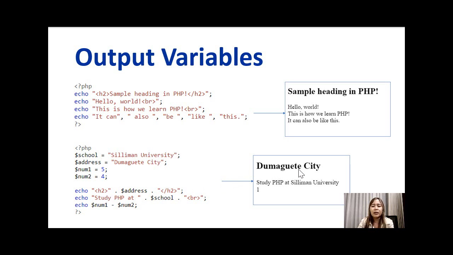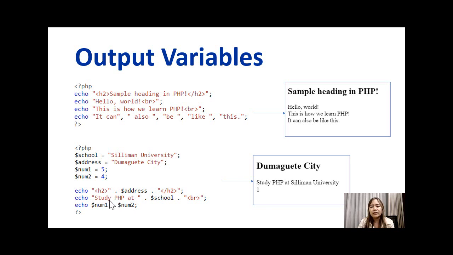So you have here Dumaguete City because it's the value of address, and since it is enclosed with h2 /h2, it's going to be displayed as a heading 2. And there's a distance between that and the first line, study PHP at Silliman University, because the following line is just normal text like a paragraph.